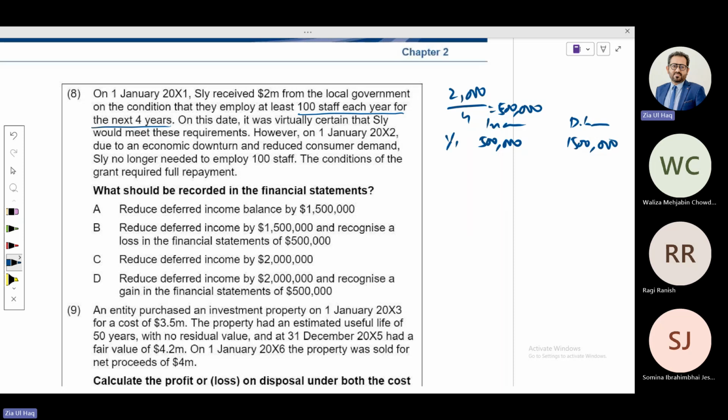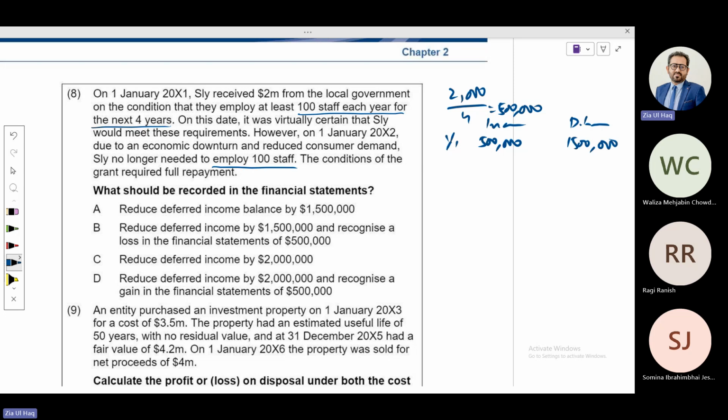But after year 1, however, on 1st January 20x2, due to economic downturn and reduced consumer demand, Sly no longer needs to employ 100 staff.